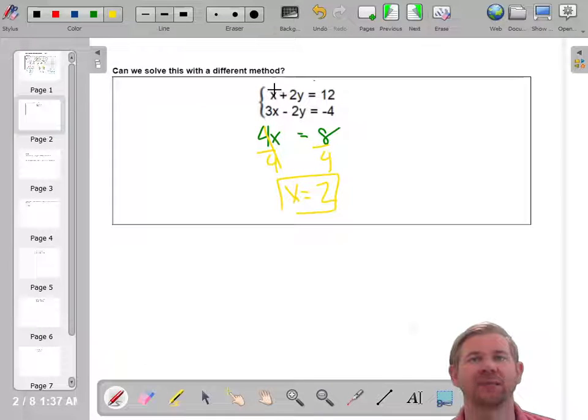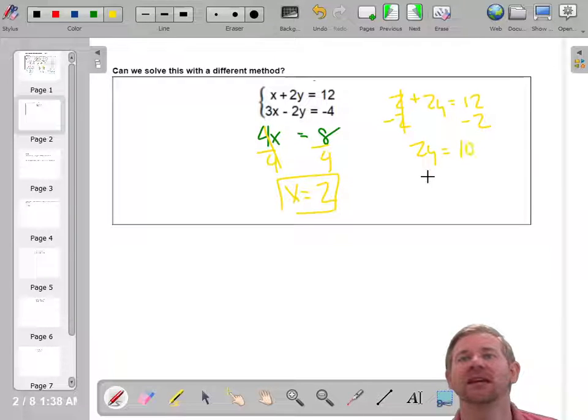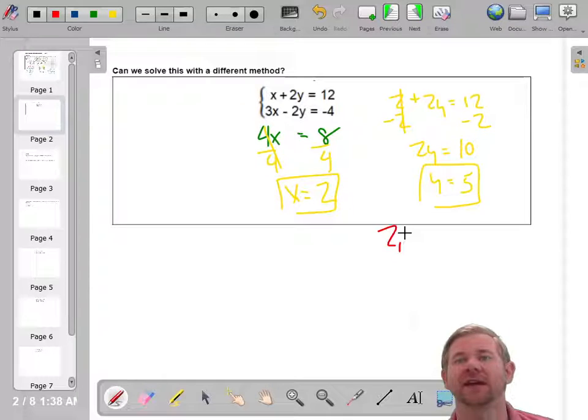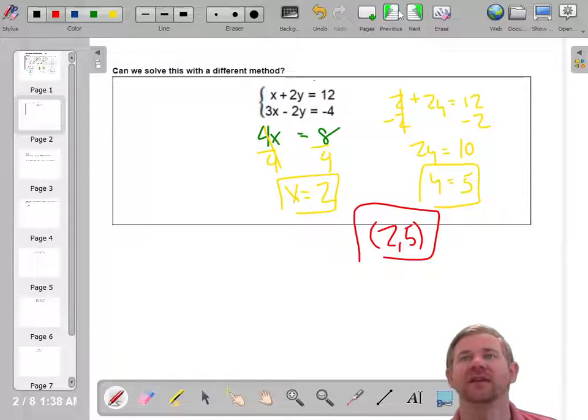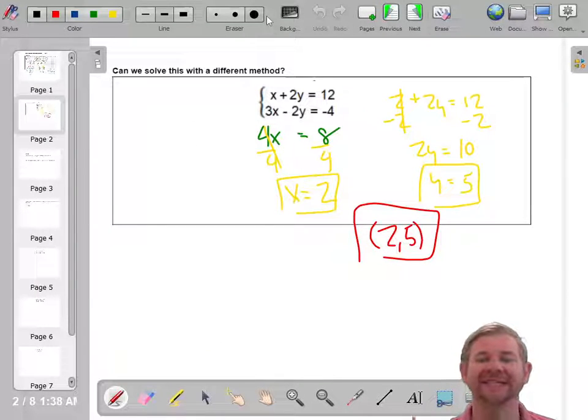I'm going to plug it into the top one because it looks easier, but it'll work in both. If I plug 2 for x and solve, 2y equals 10, so y equals 5, and I end up much faster. x is 2, y is 5. Notice, same answer, but a much faster way to get there.